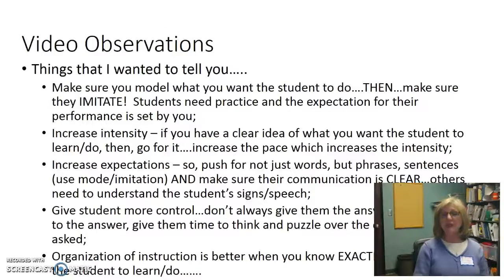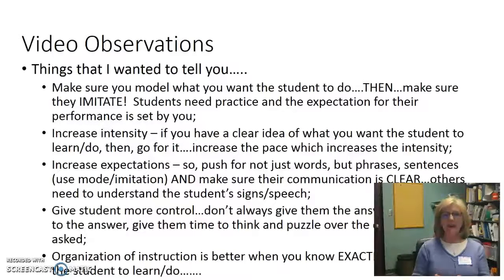Increase their expectations. For the most part, what I really mean by this is students have to have clear communication. If you allow signs that are not formed correctly or in the right place, then that continues. They don't feel the need to be really clear.